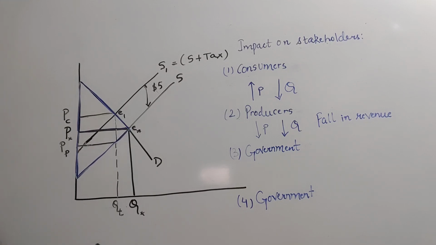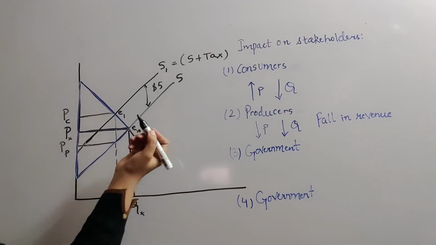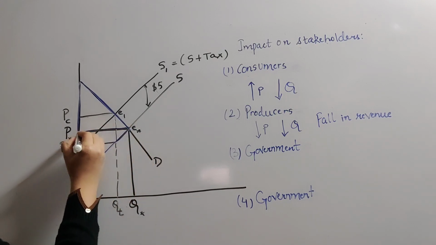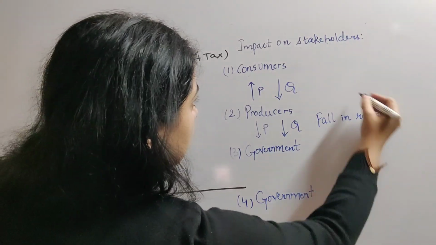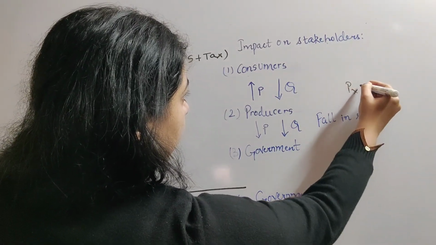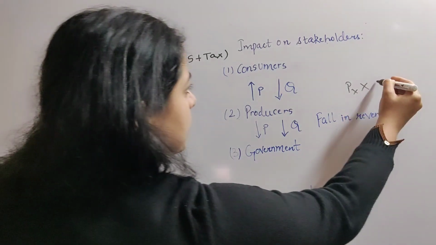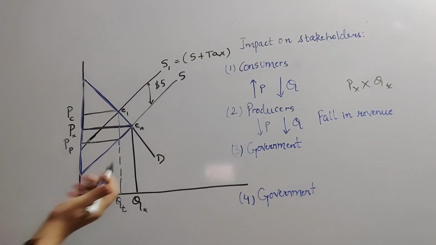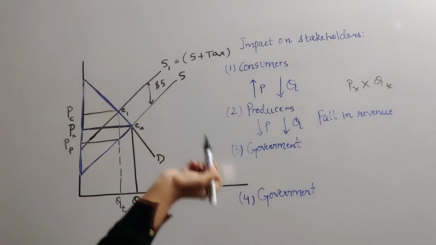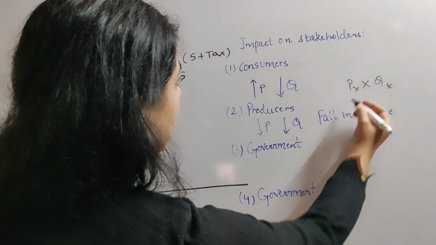If we look at the earlier scenario, at this equilibrium E star, the revenue of the producer was P star times the equilibrium quantity without any tax. But after the specific tax here, as we can see, there is a fall in revenue.